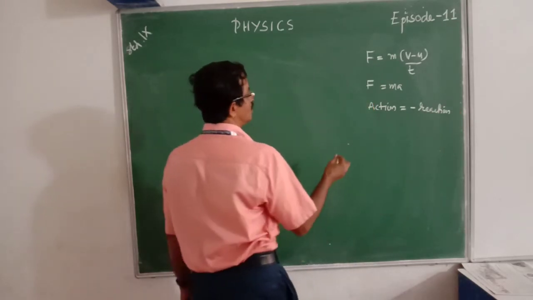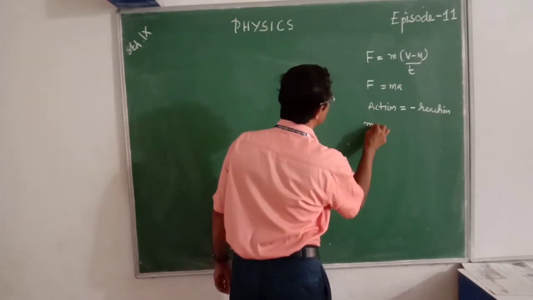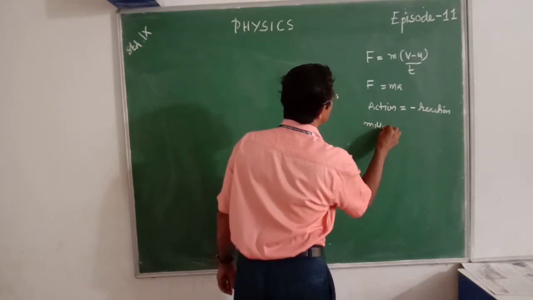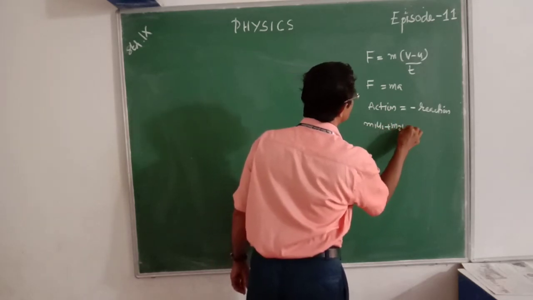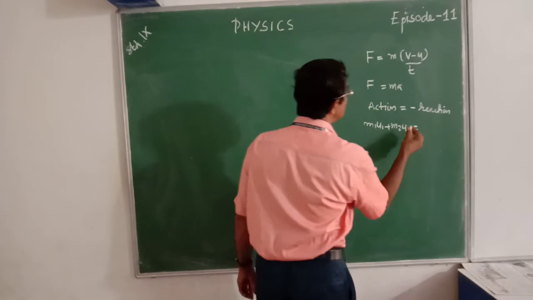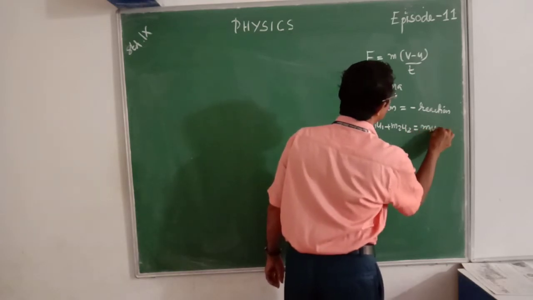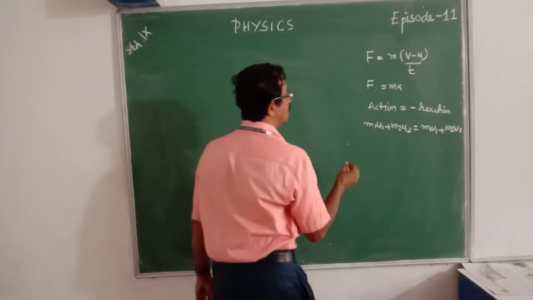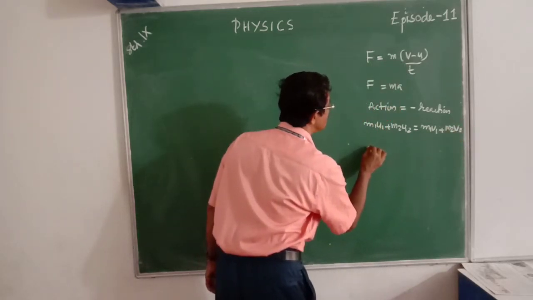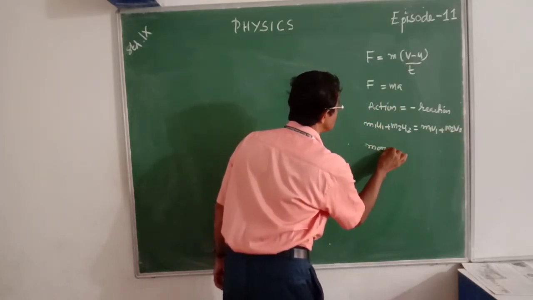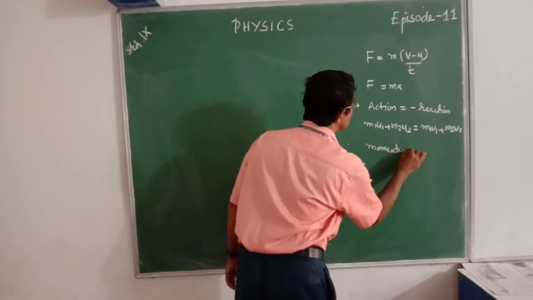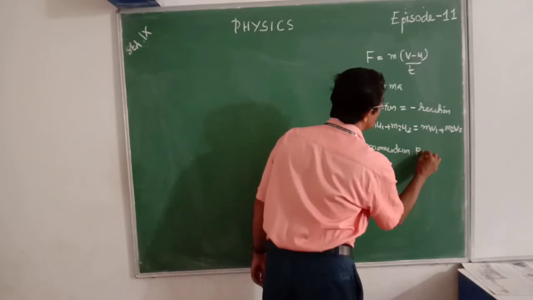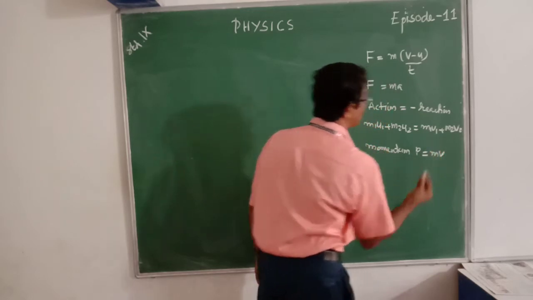and then conservation of momentum, m1 u1 plus m2 u2 is equal to m1 v1 plus m2 v2, and also momentum p is equal to mv.